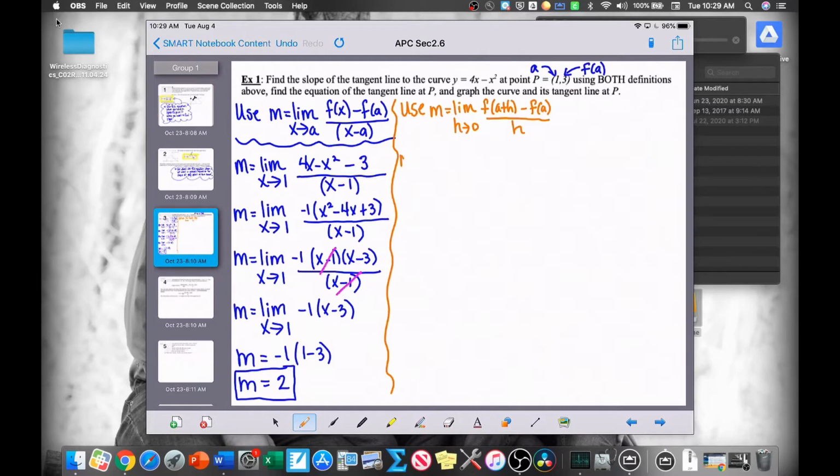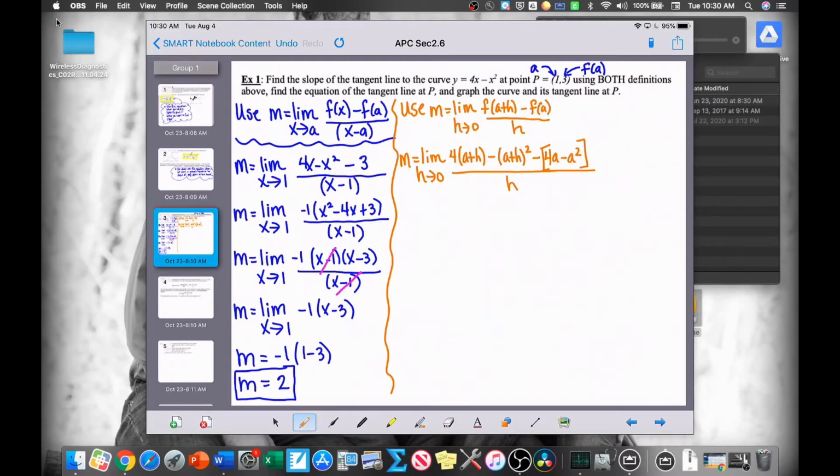So m equals the limit as h approaches 0. f of a plus h means that we are plugging a plus h in for our variable x wherever it appears in our equation. So 4 times a plus h minus the quantity a plus h squared. That's my f of a plus h, minus f of a, which is minus 4a minus a squared. And this is all divided by h.